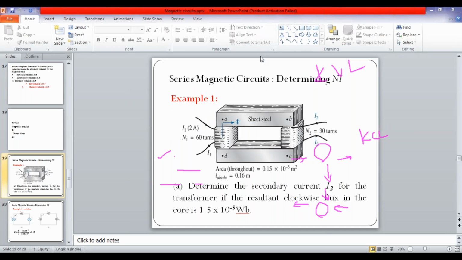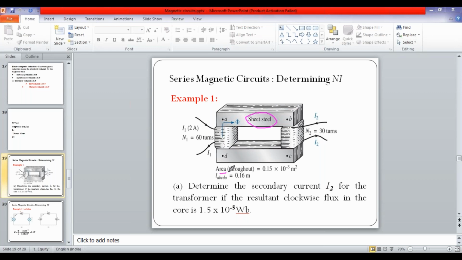We take this example. In this example, you need to determine the following. This is the transformer. Two types of materials are being used in this transformer: sheet steel and some tons. Single core is there.